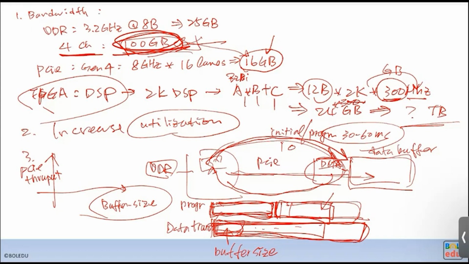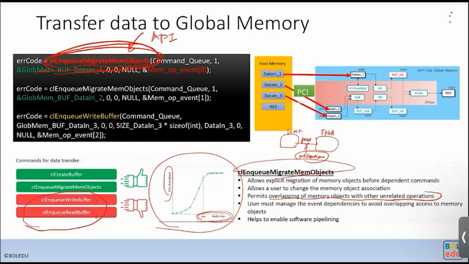Basically, you want the transfer of the data buffer to take at least as long as the programming time, so that you can fully utilize the PCIe bus. That's why this curve shows that when the buffer size reaches a certain limit, it saturates the PCIe bus.